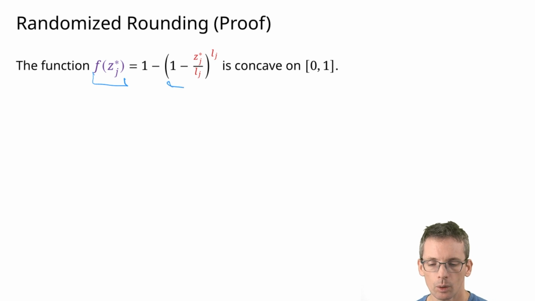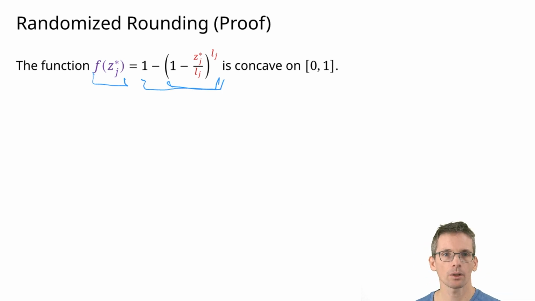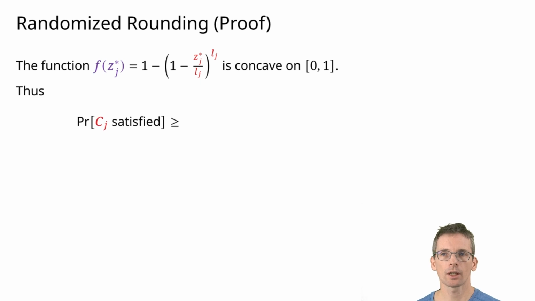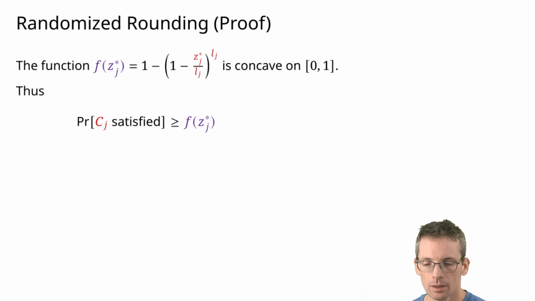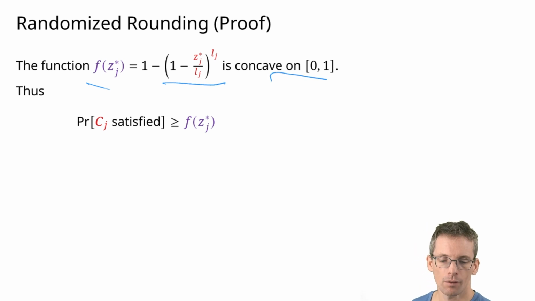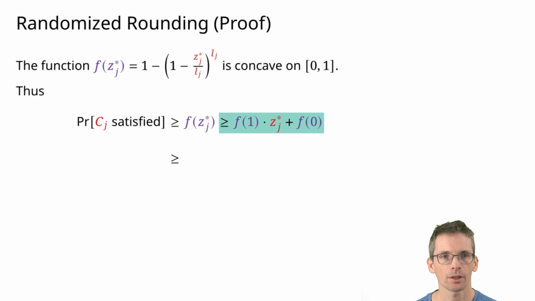So this was what we just calculated, and now because I'm interested in the probability that Cj is satisfied, I get 1 minus that as a bound. So the probability that Cj is satisfied is larger equal f of zj star. And this is now a concave function which I use to bound f of zj star by these two extreme values.